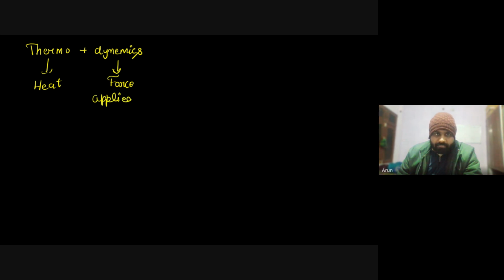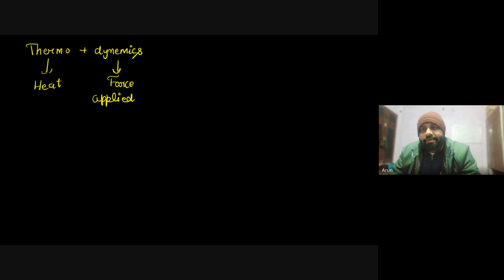Thermodynamics is made up of thermo and dynamics. Thermo means basically heat, and dynamics is the force applied by heat. In mechanics also there are two branches, kinematics and dynamics.